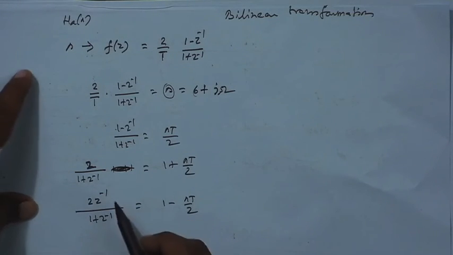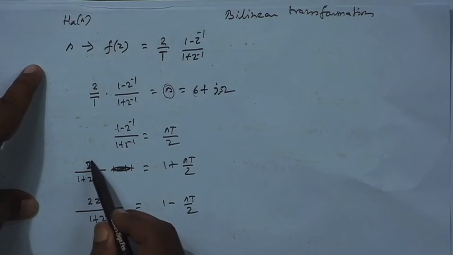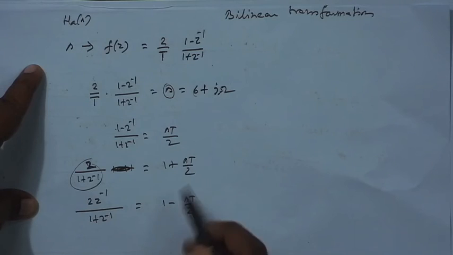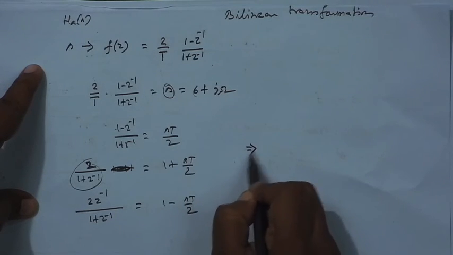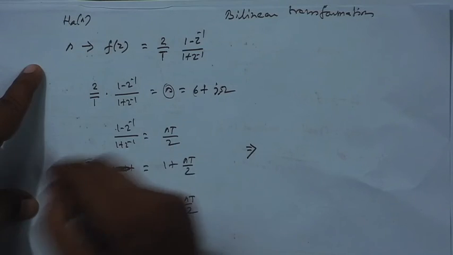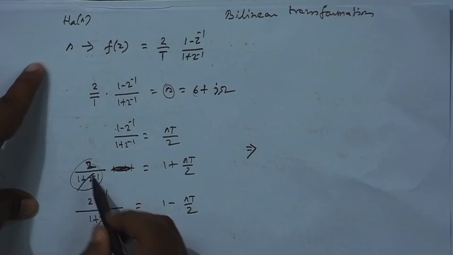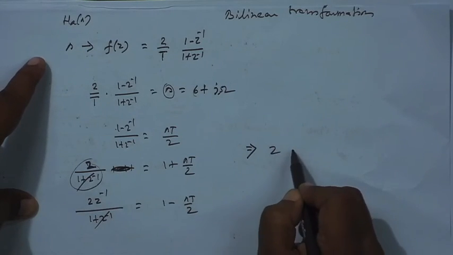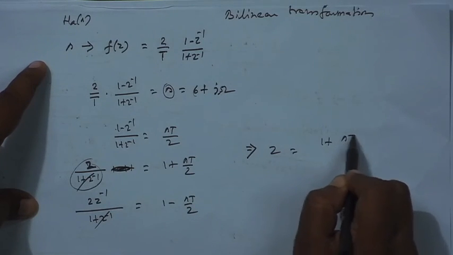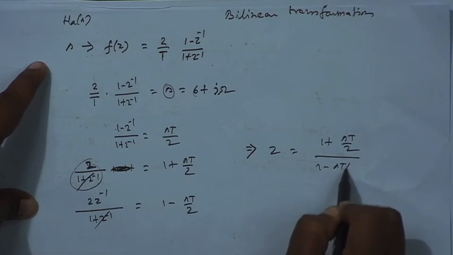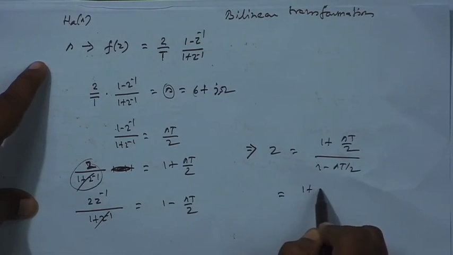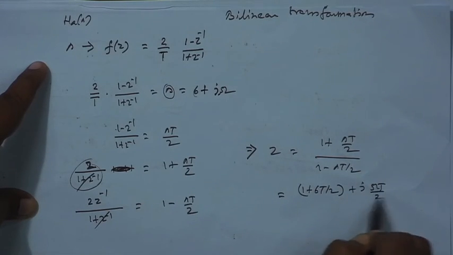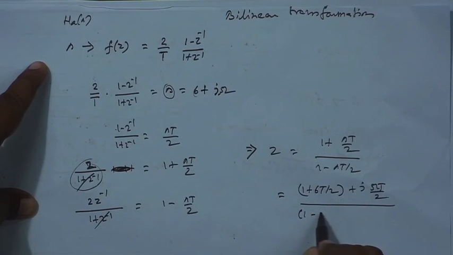If you divide this by this, the common factor cancels, and 2 by 2 z inverse means z. So z is 1 plus s T by 2 by 1 minus s T by 2, that is, 1 plus sigma T by 2 plus j omega T by 2, divided by 1 minus sigma T by 2 minus j omega T by 2.